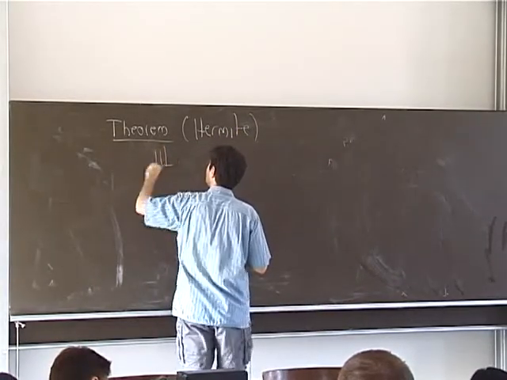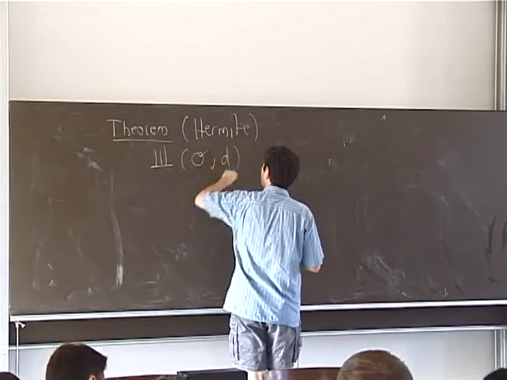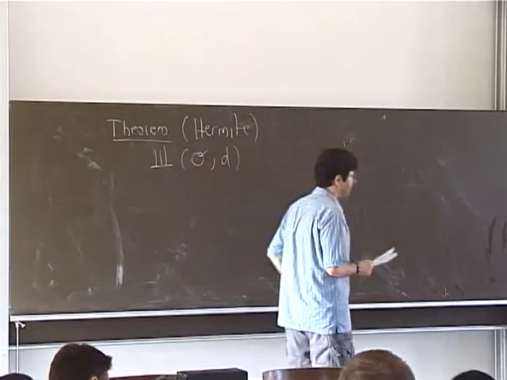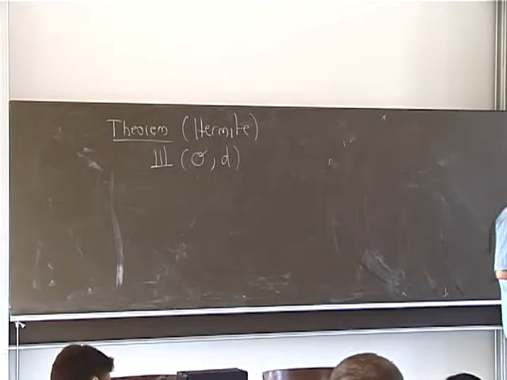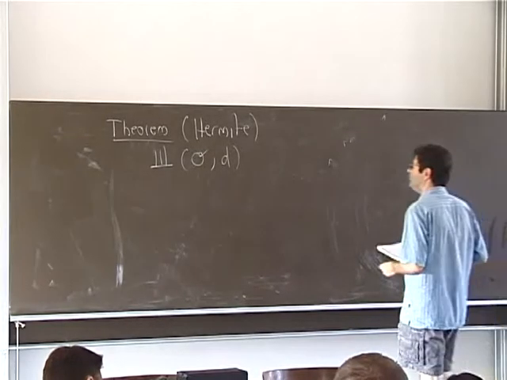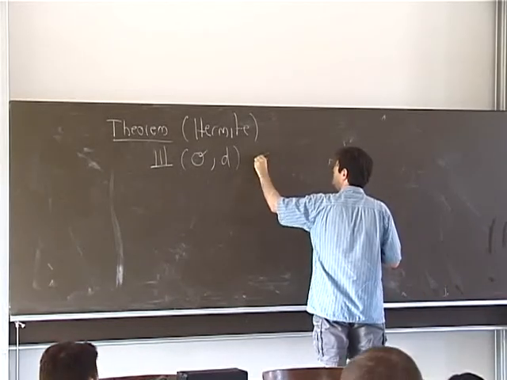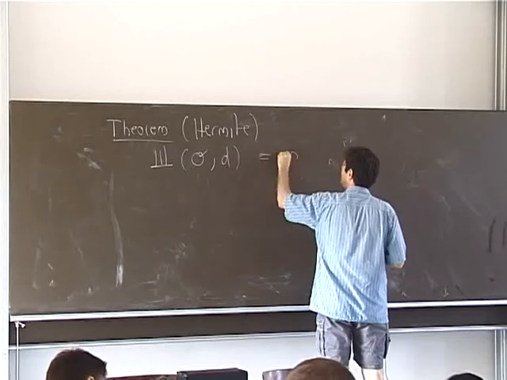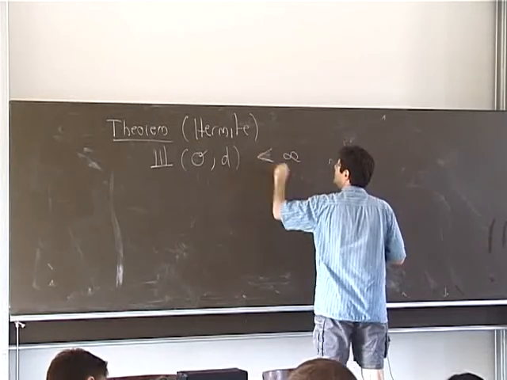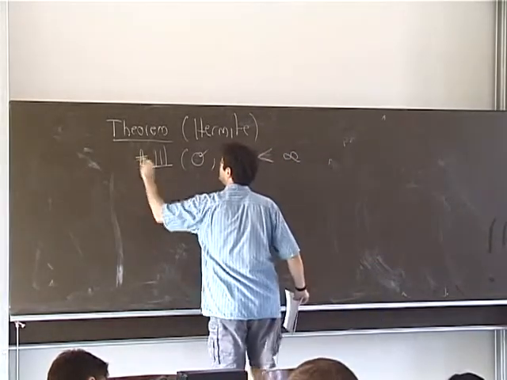SHA OD: here I remind you again that O is the ring of S-integers of a number field, a finite extension, and D is some rank. So I look at all these finite étale algebras of rank D over spec O, and this is finite. The cardinality is finite.